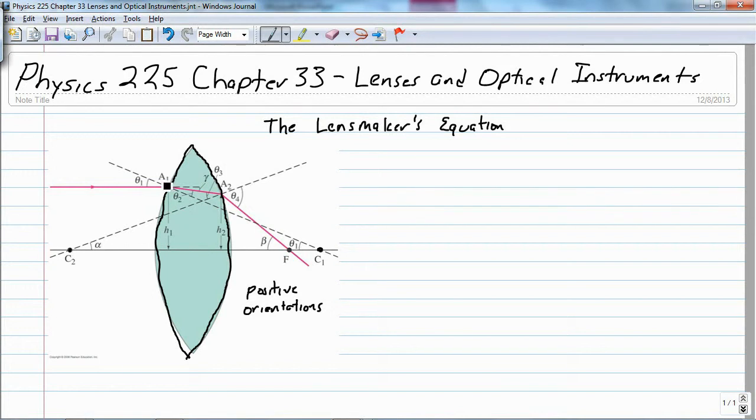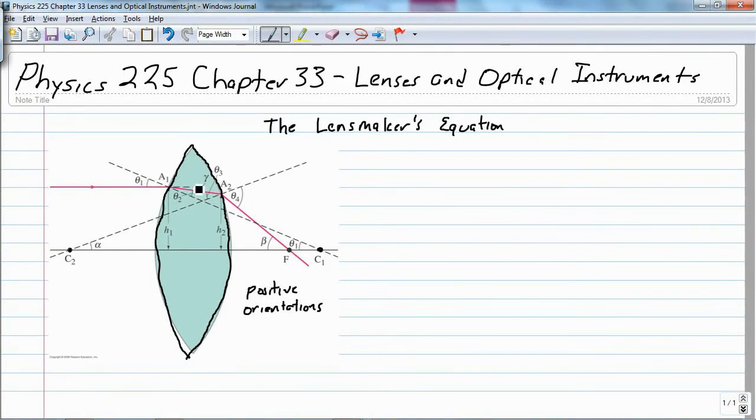And for the analysis of this, it's pretty involved. It's got a lot of trig here. I'm not going to get into a lot of it. I just want you to be able to know the equation and use it.